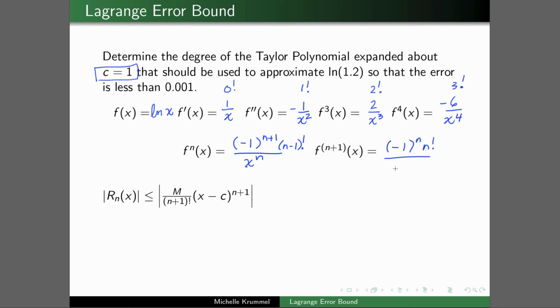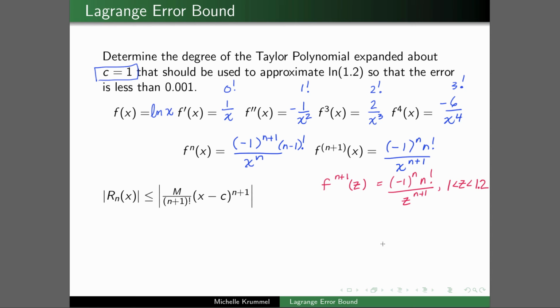And in the denominator, I replace n with n plus 1, which gives me x to the power n plus 1. To set up the expression for my remainder, I'm interested in finding the n plus first derivative evaluated at z. That's going to be negative 1 to the n times n factorial over z to the power n plus 1, where z is a number between my center, 1, and the x value where I'm making my approximation, 1.2.